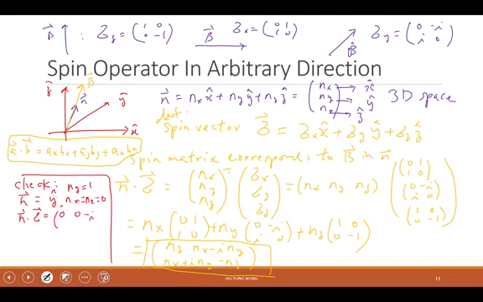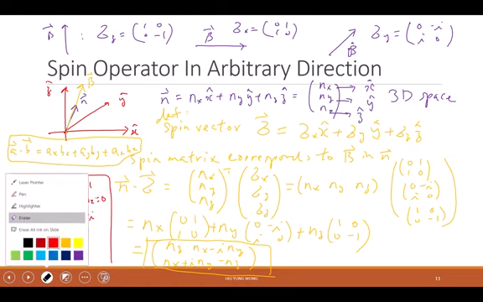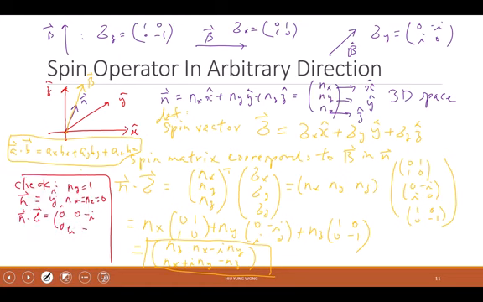So you have 0, negative i, i, 0, which gives you sigma y, right? So sigma x, sigma y, sigma z are the special cases of this generalized spin operator in an arbitrary direction. Okay, so I think we should take a break from this spin operator.